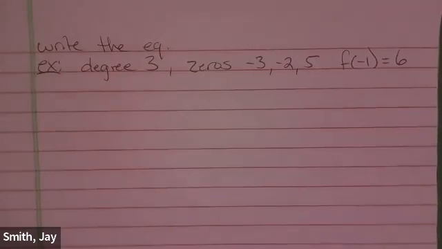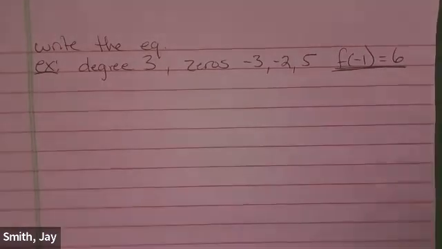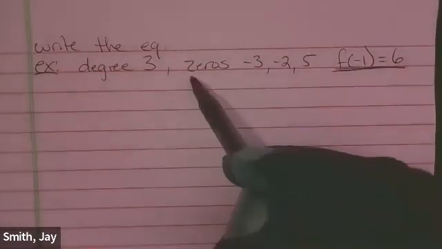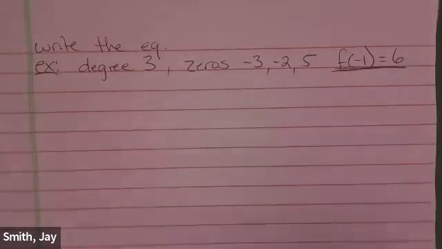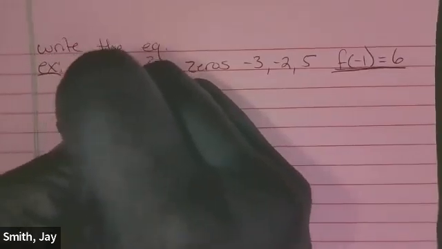All right, so like I said, this time we're given a list of zeros as well as a general statement. Typically, if they give us a general statement like here, where f of negative 1 is equal to 6, we're going to use that general statement to find the leading coefficient in the completely factored form. All right, and I'll show you what that means a little more. But first, we're going to use our list of zeros to write out our factors and start multiplication. So remember, we're looking for our f of x, our given polynomial.